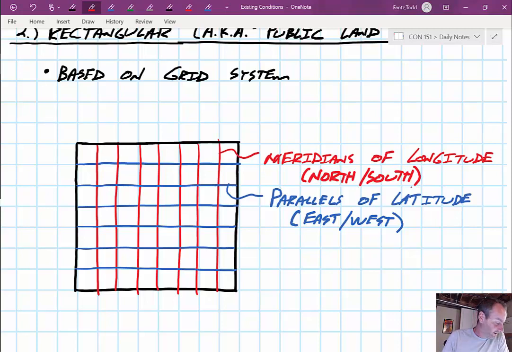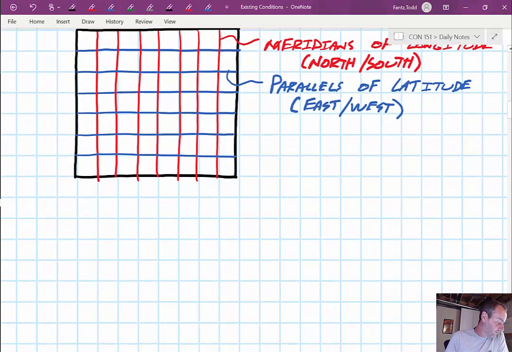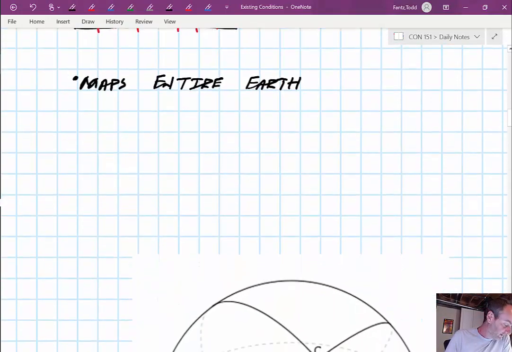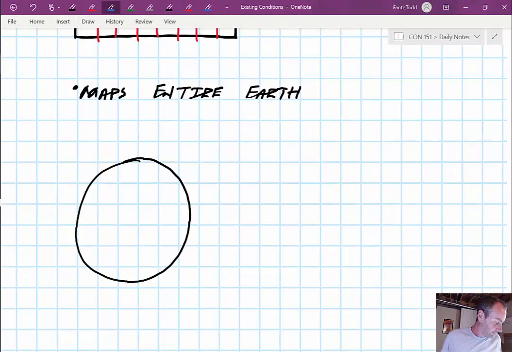So with that in mind, the issue that we come across is this is a rectangular system, and we're using it to map out on a globe, which is a spherical object. And so if we were to look at this on the Earth, let me move this down just a little bit. For my latitude lines, I could think of one line, and this is always so hard to draw in 3D on a 2D plane, but that's like our equator.